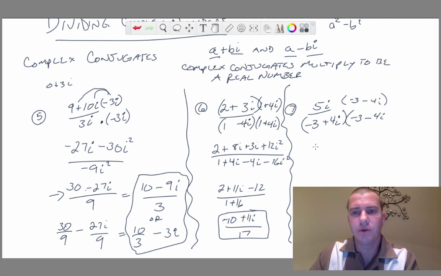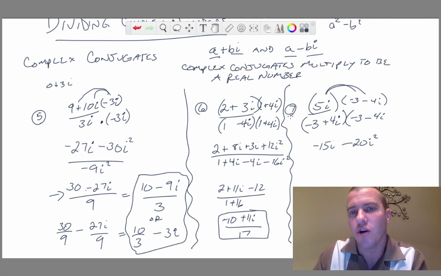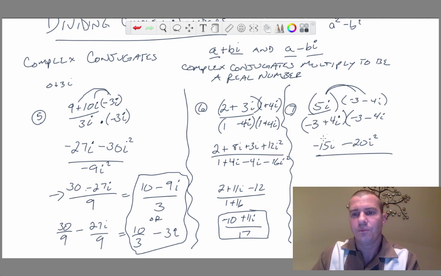And so when I distribute, I get negative 15i minus 20i squared. Remember that this is just a monomial. It's one term, 5i, and all I'm doing is distributing that 1. I'm not doing the FOIL or distributing twice because it's not a binomial. I am doing that here.